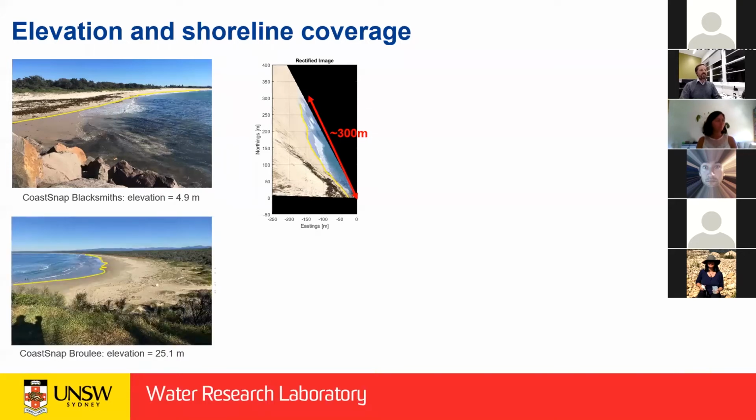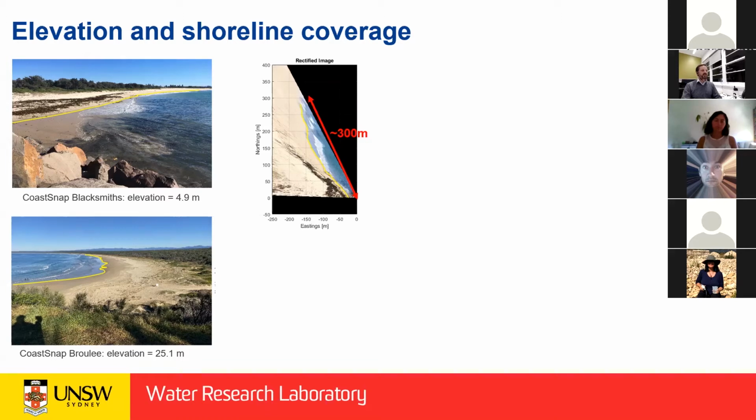On the other hand, this is one of our newer stations at Bromley in southern New South Wales, in Southeast Australia. A beautiful location. This photo is actually taken, I think, by Andy Short, because he lives down there. This is at an elevation of 25 meters.